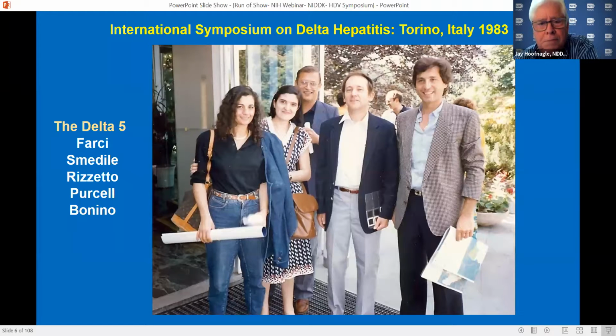Ferruccio Bonino to Purcell's left, and to his right, Antonina Schmidelli, and to the far right, Patricia Farsi, who actually has stayed with us, and she's with us today. She now is in the institute that Bob worked in. Next slide.